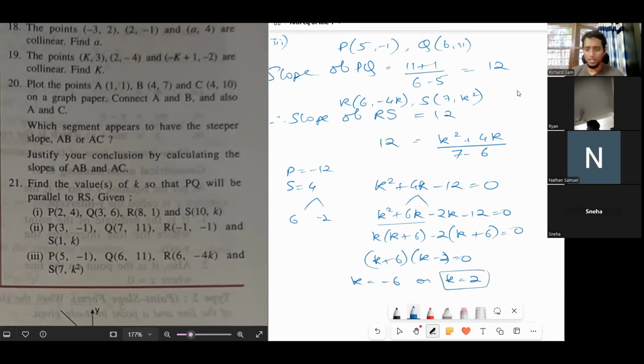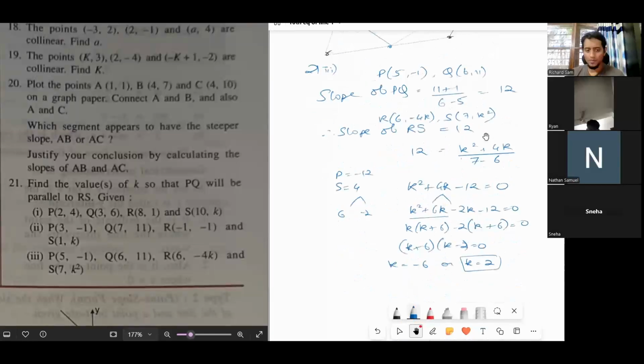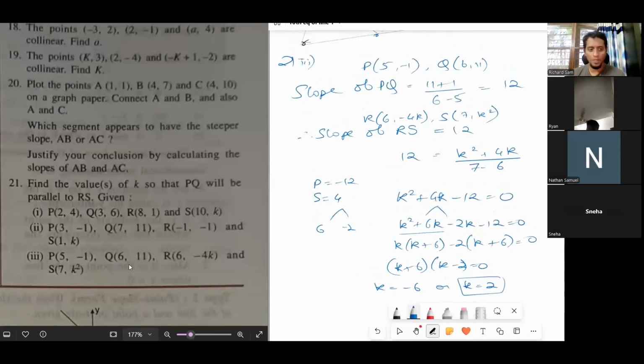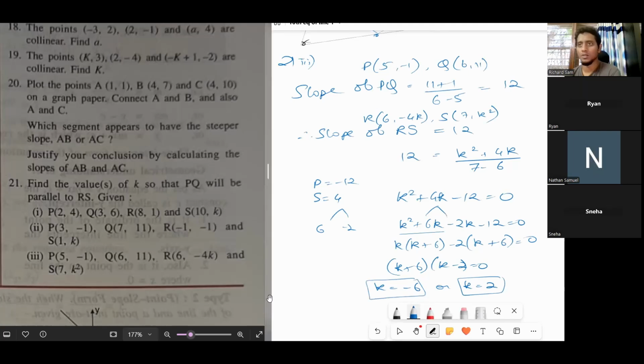Now what does k represent here? It's a point, it's a coordinate. Can k be both minus 6 and 2, or only plus 2? k represents a point on the graph, and points can be positive and negative also, so you can have both values for k.